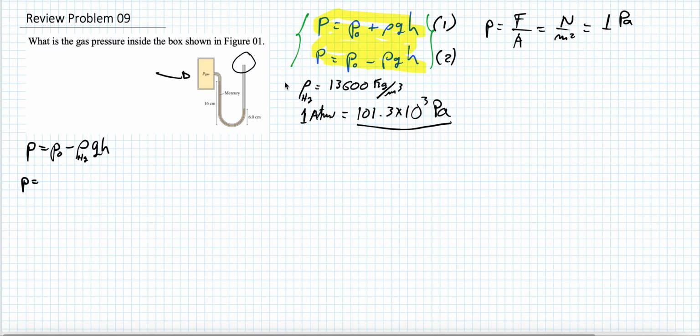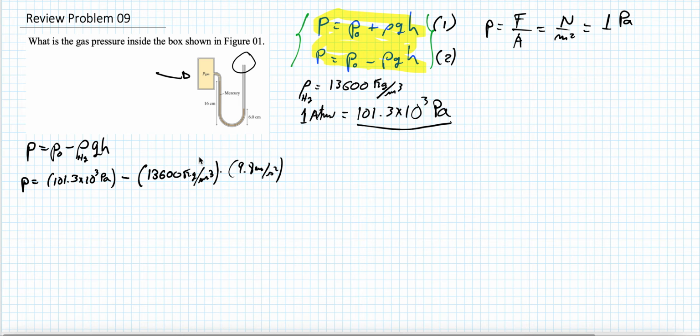It's the one that was exposed to the outside, so it's 101.3 times 10^3 Pascal. Minus the mercury's density, 13,600 kilograms per cubic meter, times 9.8 meters per second squared. This is gravity.